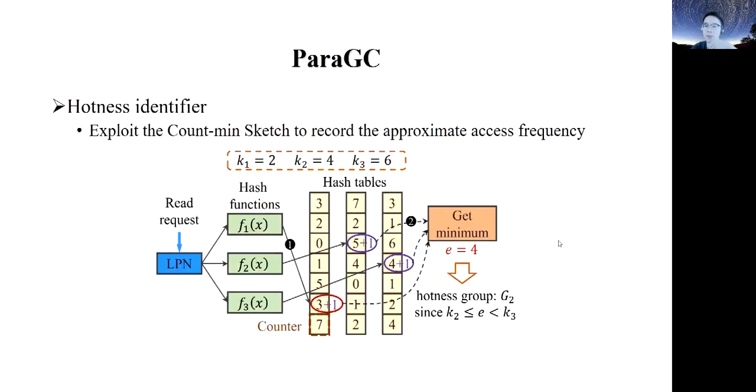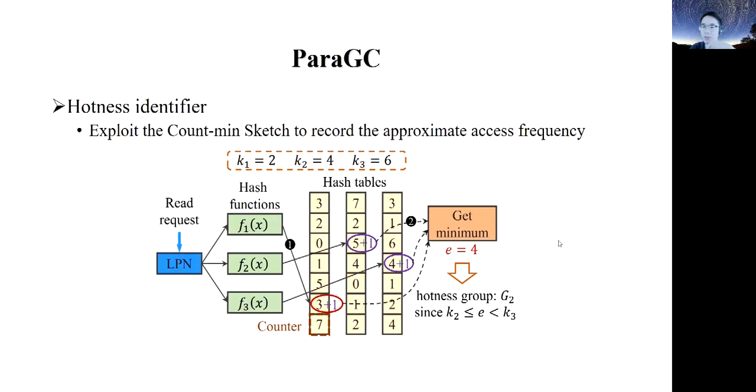We designed a space-friendly hotness identifier to serve our read load balance. We use the count-min sketch to record the approximate frequency of data access. Take this figure, for example, for a flash page accessed by a read request. The hotness identifier first pinpoints the 3 counters indicated by the hash functions and increases the corresponding values by 1.